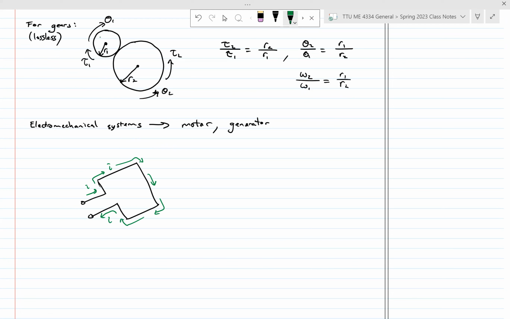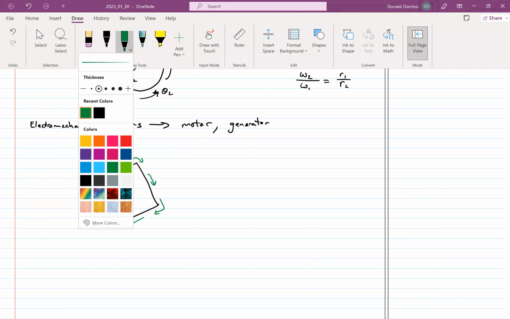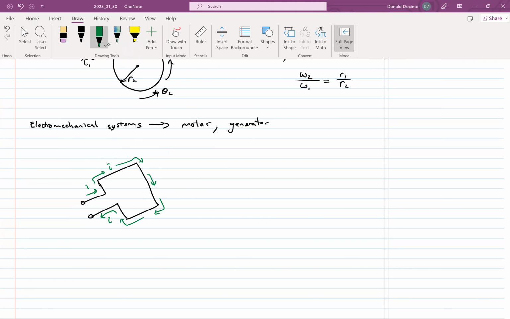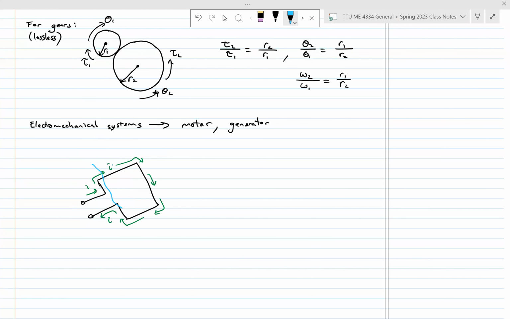Then we have a magnetic field running across this, with flux density B.